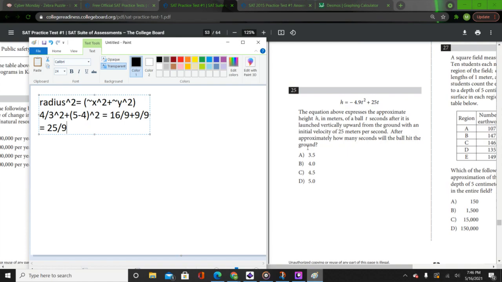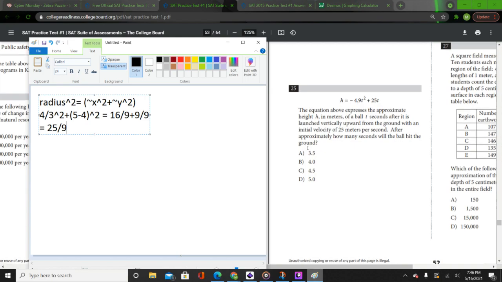Right. 25. The equation above expresses the approximate height h in meters of a ball t seconds after it is launched vertically upward from the ground with an initial velocity of 25 meters per second. After approximately how many seconds will the ball hit the ground? So we just need to find the zeros of this equation and round to the closest number.